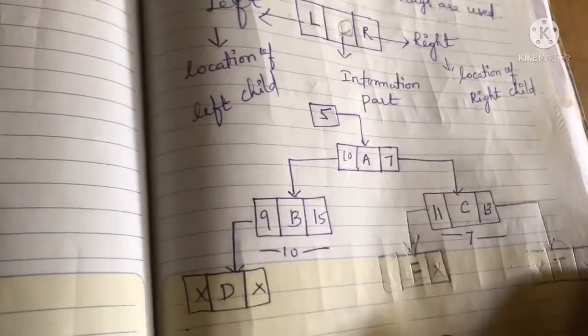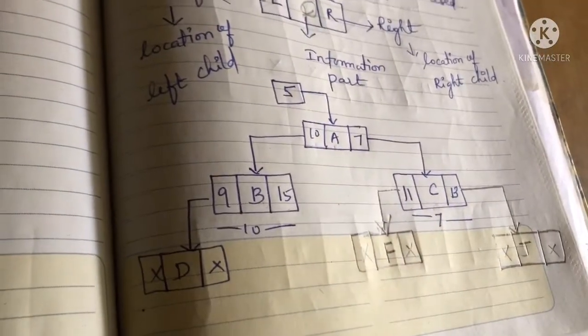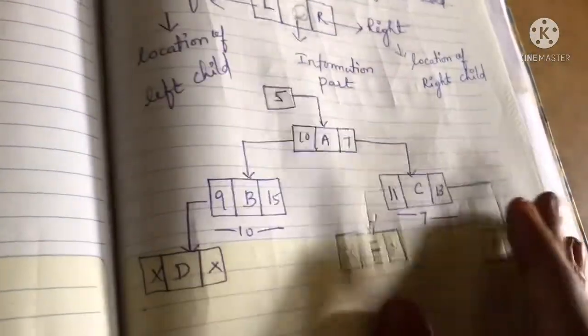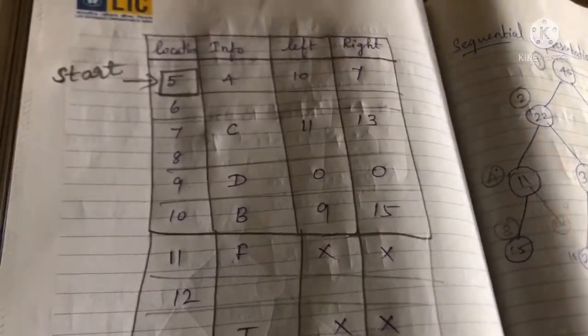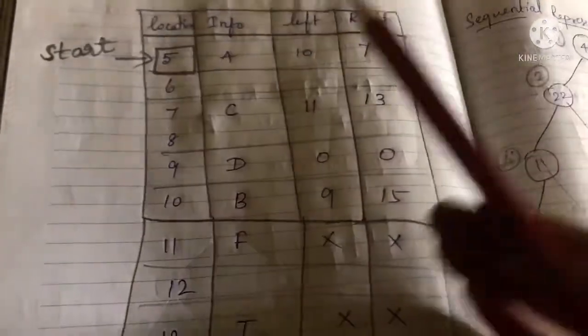Then how is this information stored in memory? This is the structure for how the data are stored in memory.